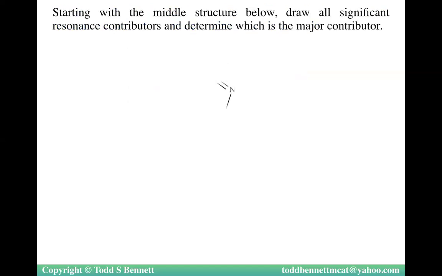Okay, starting with the middle structure below, where only one structure is shown, it'll make sense where we're going to get after this. This is a case where we have to put in lone pairs. Oxygen has 1, 2 lone pairs. Everything else is carbon and hydrogen, so no lone pairs to worry about. You have a positive charge here. You want to get rid of that positive charge, so you know the pi bond is going to pull this way.